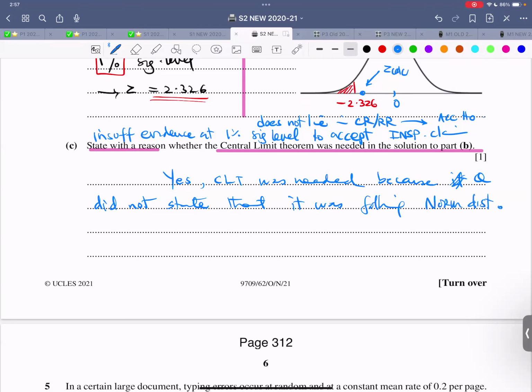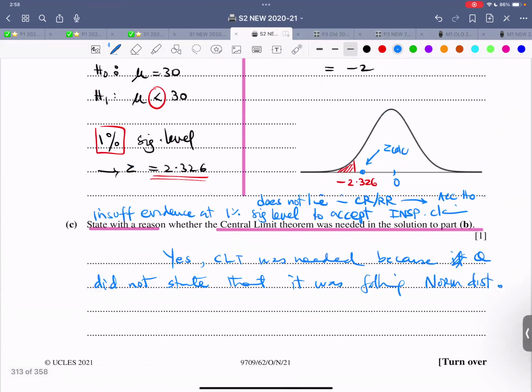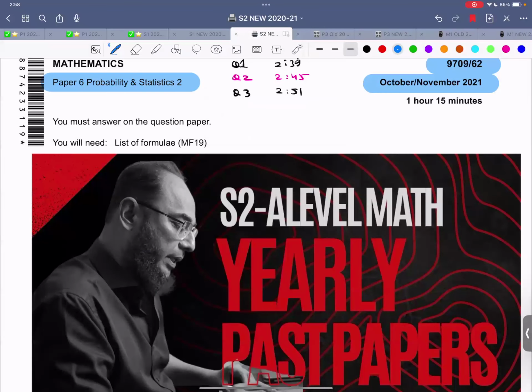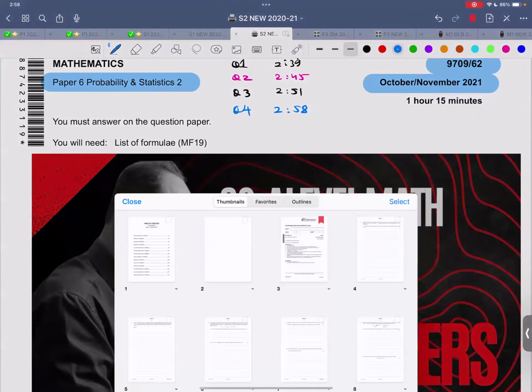Since the sample size is large, we converted into normal, but originally it was not normal. So that is question 4, and that is done. This is 258. So 4 questions are down.